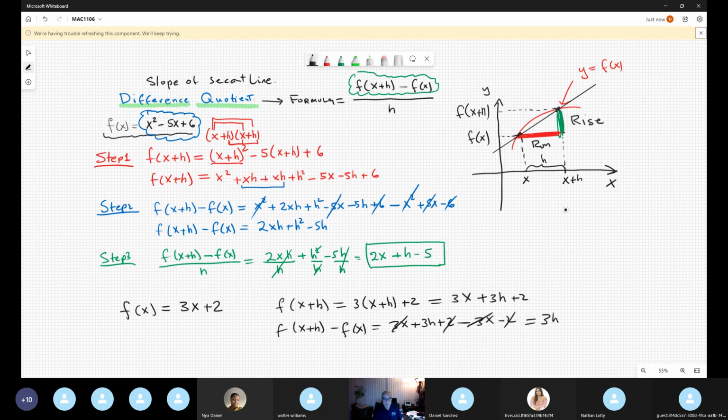Divide by h. And the answer is 3. And it's no surprise. It's 3 because 3 is the slope of this line. So actually, my function is a line, and the difference quotient represents the slope of the secant lines. In one line, you pick two points.